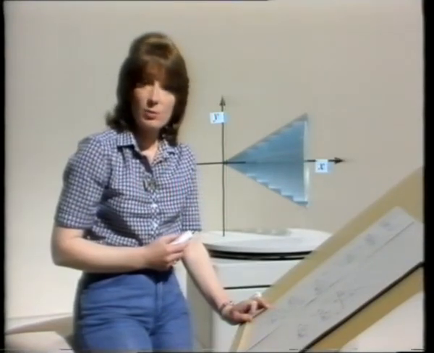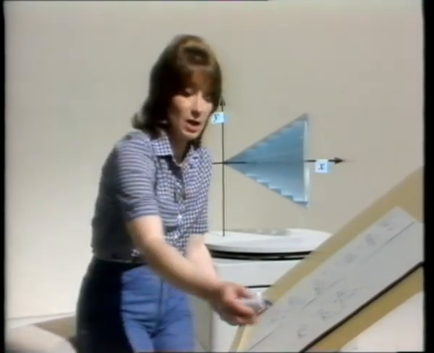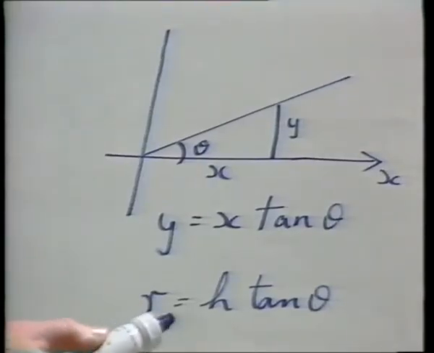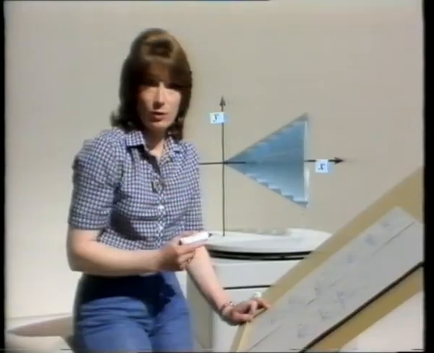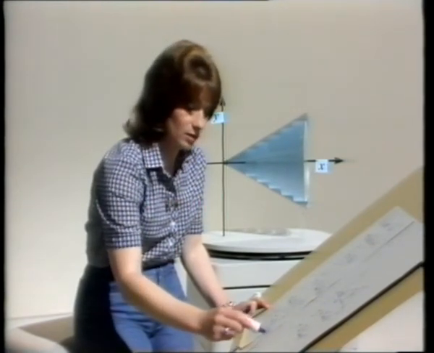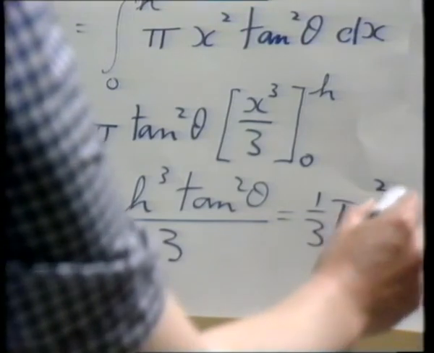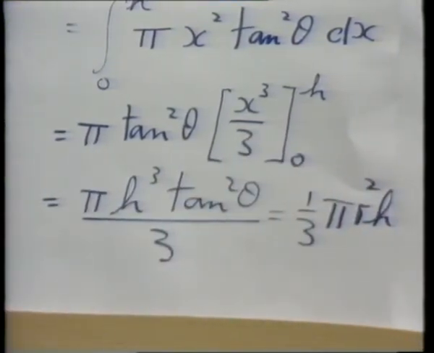Again, we can express this in terms of the base dimension, because here r is equal to h tan theta. And so we get the volume of 1/3 pi r squared h. It's 1/3 the base area times the height, which, you remember, is the same as we got for the pyramid.